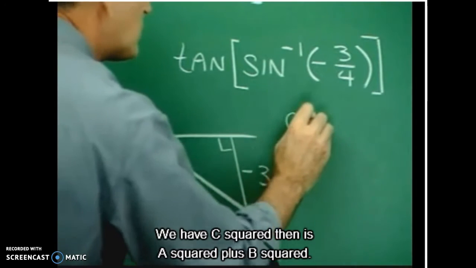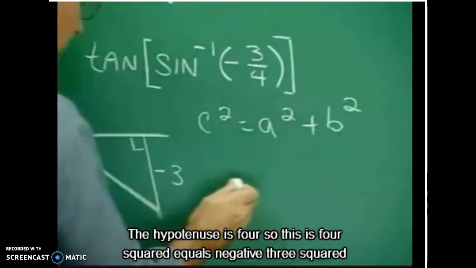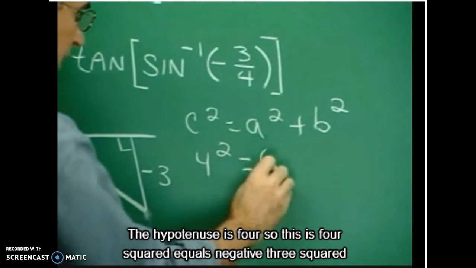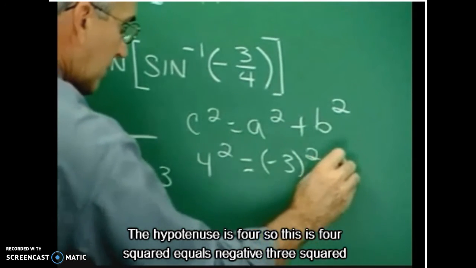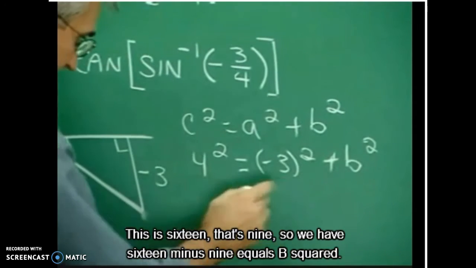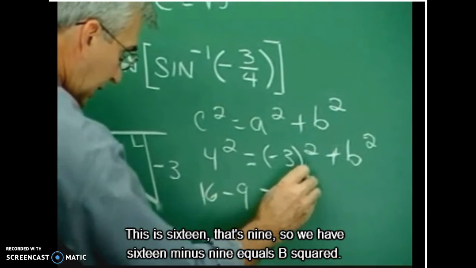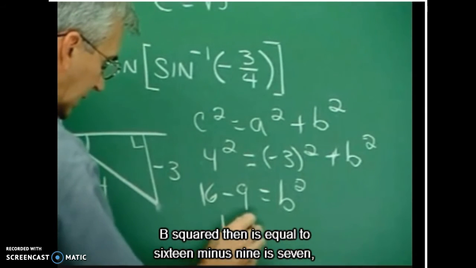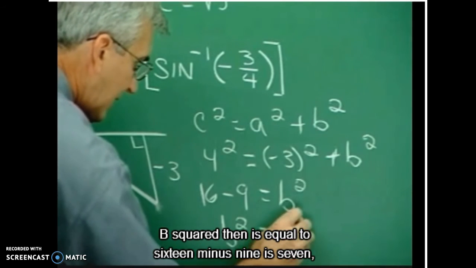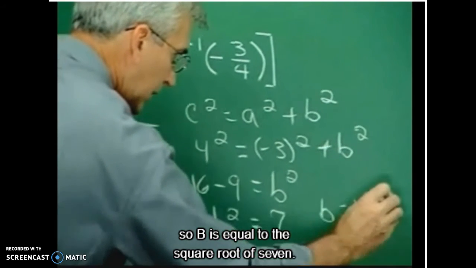All right, let's do that. We have C squared then is A squared plus B squared. The hypotenuse is 4, so this is 4 squared equals negative 3 squared plus B squared. This is 16, that's 9, so we have 16 minus 9 equals B squared. B squared then is equal to 16 minus 9 is 7, so B is equal to the square root of 7.